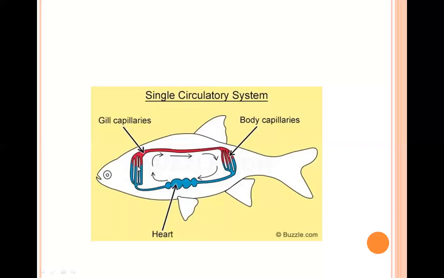What does it mean? In short, the heart pumps blood once to the gills, that is, any gas exchange organ. Then it pumps blood once to all parts of the body, and from all parts of the body deoxygenated blood comes back to the heart. This is a single circulatory system.